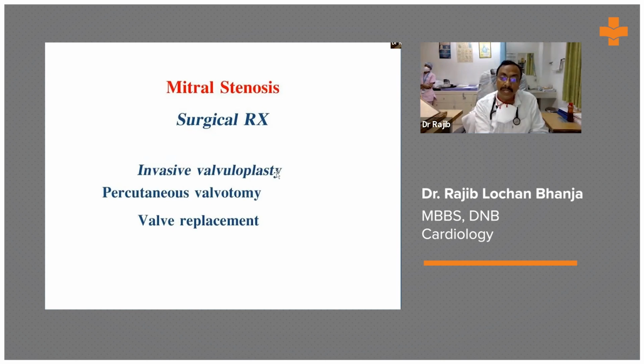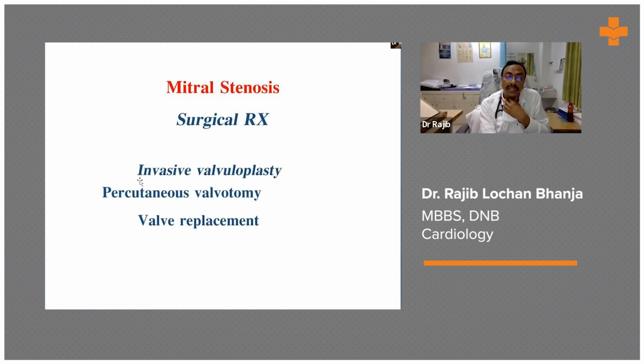If you go invasive, once patients have severe mitral stenosis, you have to go for invasive treatment. If there is no thrombus, and the patient has low calcium, then we can send the patient for valvuloplasty, like mitral valvuloplasty.